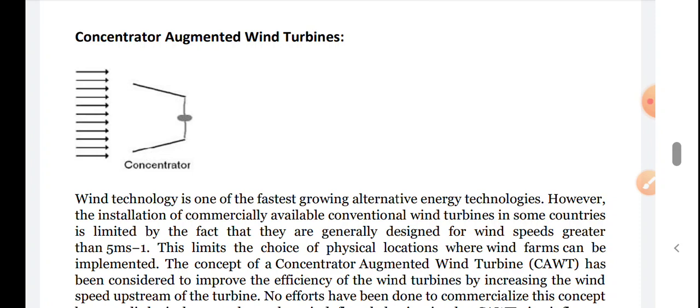The concept of concentrator augmented wind turbine, popularly known as CAWT, is being considered to improve the efficiency of the wind turbine by increasing the wind speed upstream of the turbine with the help of the concentrator.